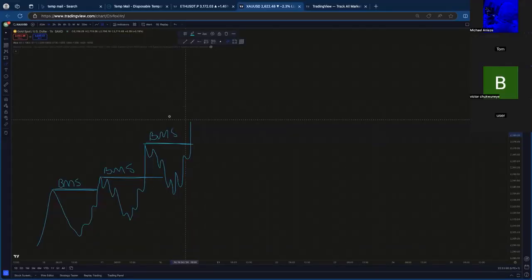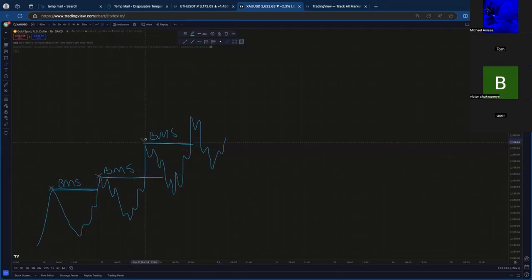right? Now, if price wants to do what? Wants to fail. If this structure is gonna fail, we're gonna get now. Mind you, I want to show you guys something now. All these points right here are what we call what?